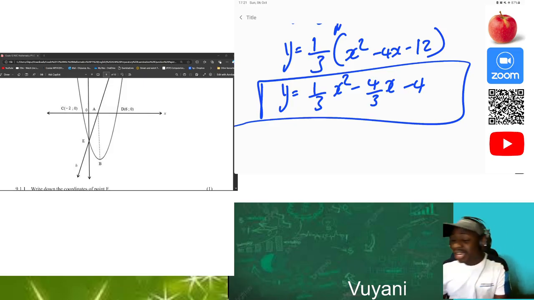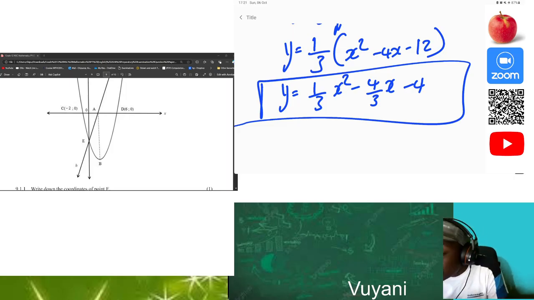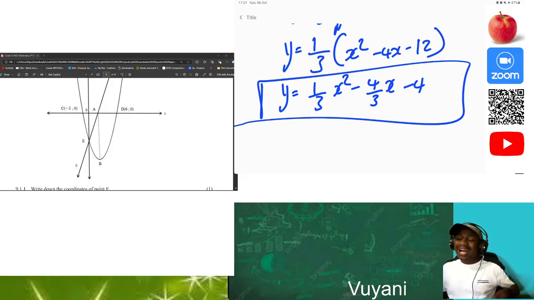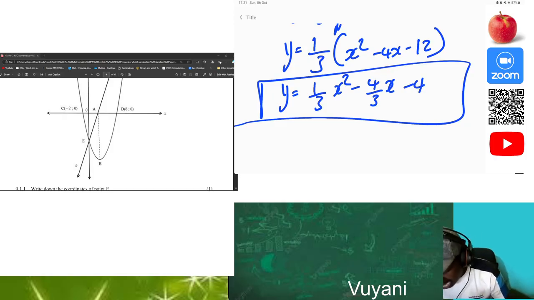Then we can get the value of a since we already know another point on the function, point E, the y-intercept, which has the coordinates (0; -4). We substitute there. But the question wanted it in the form ax squared plus bx plus c, which means we need to expand our equation. When we did that, y is equal to 1/3 x squared minus 4/3 x minus 4. Tango! Moving on to the next question.